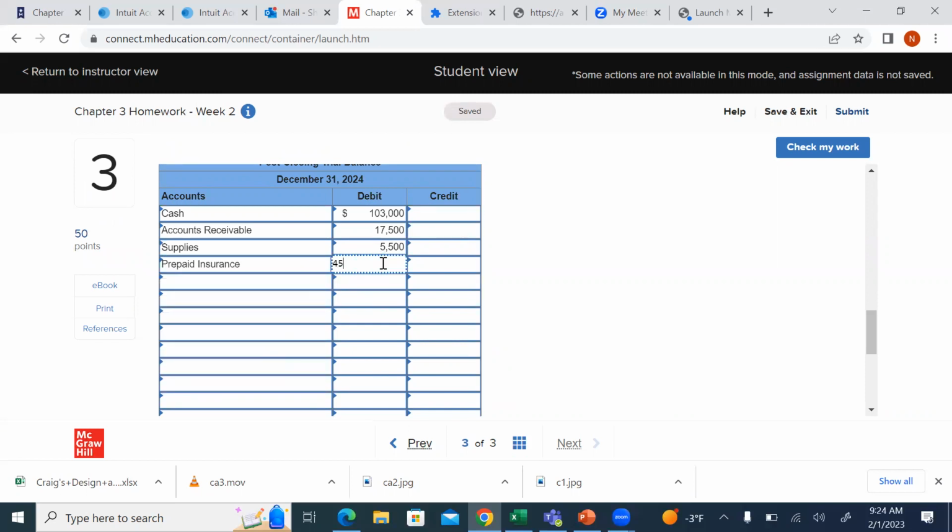Yep. Next. We should do more assets. Equipment. Because you keep the assets together. Accumulated depreciation.